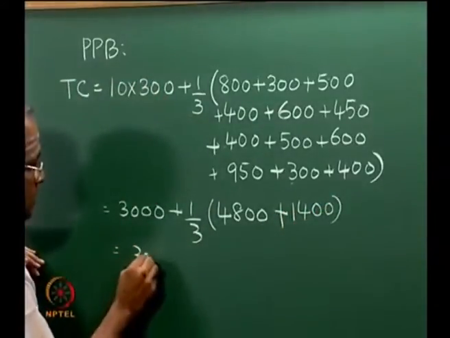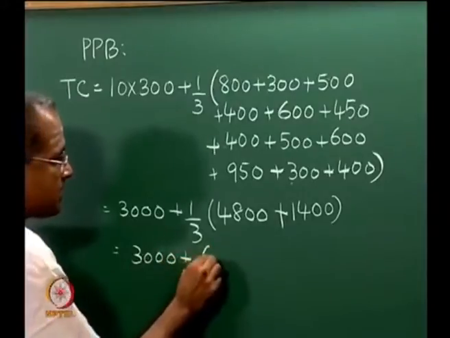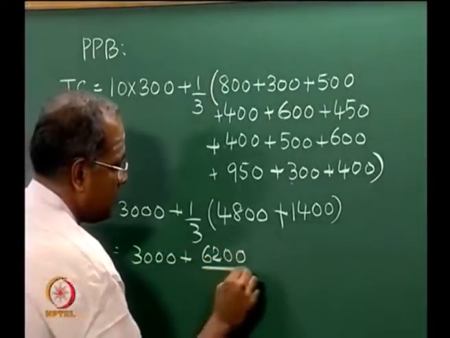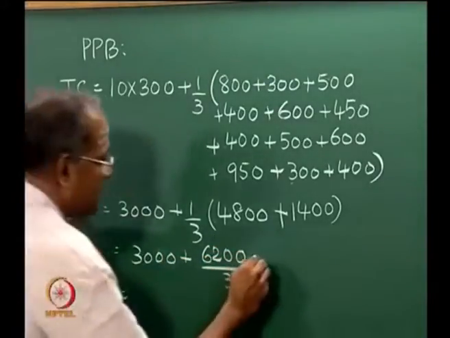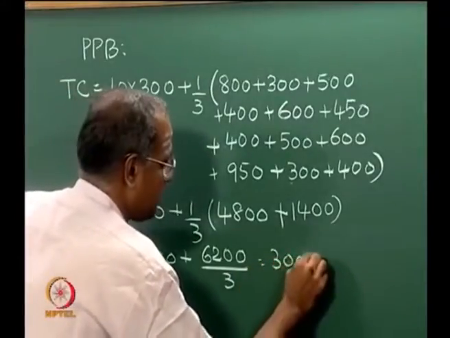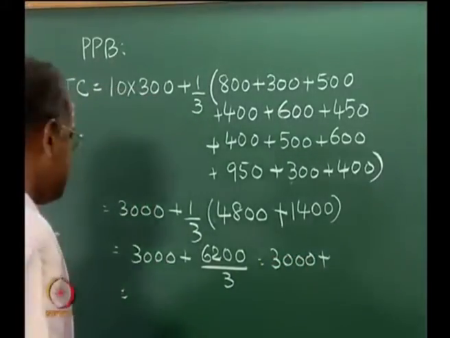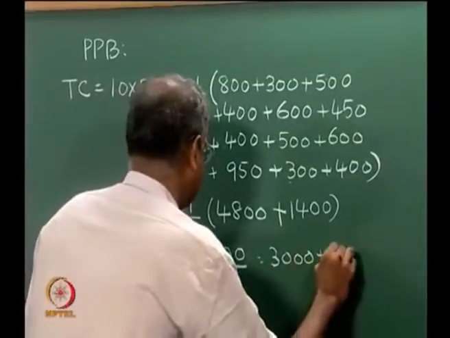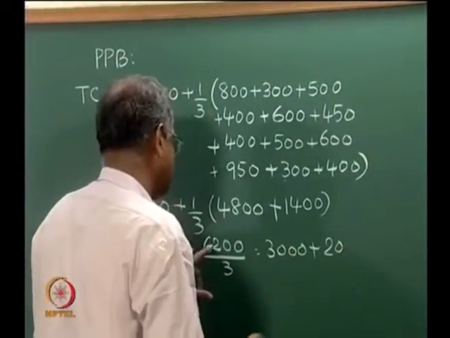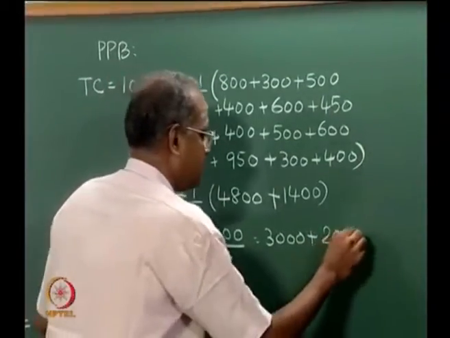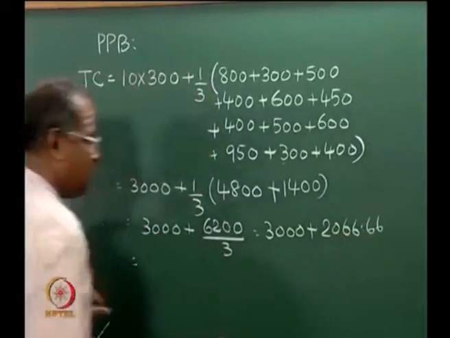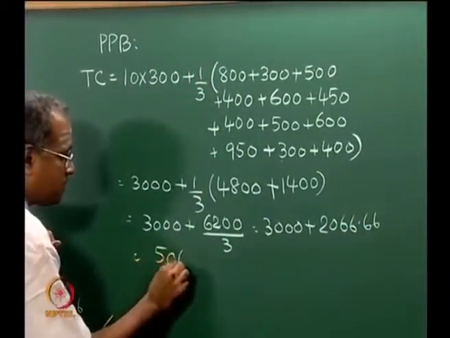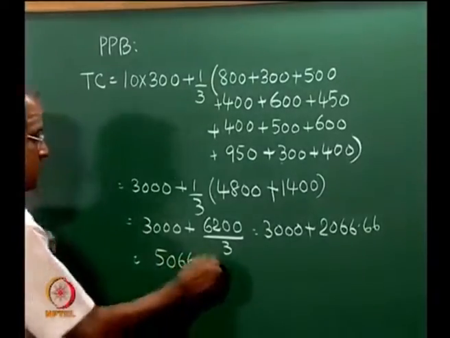So, this is 3000 plus 6200 divided by 3, this is 3000 plus 2s are 6, 6 are 18, 66.66. So, this is 5066.66.